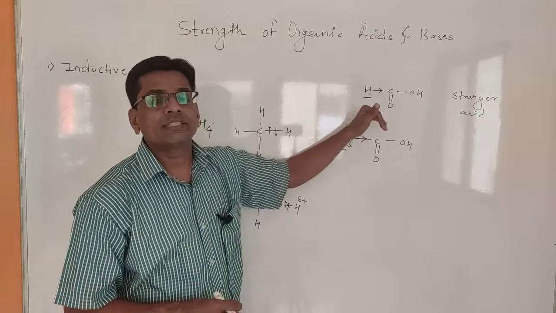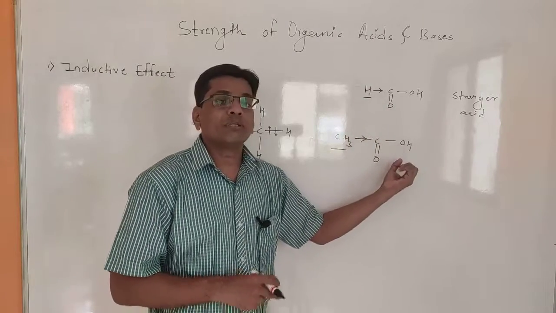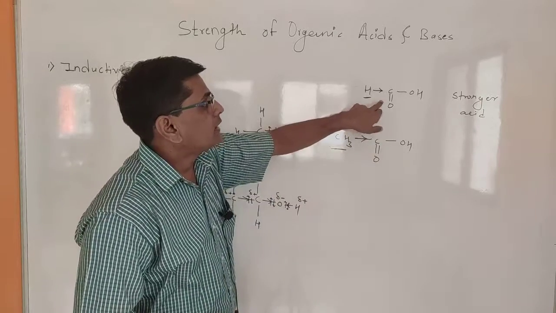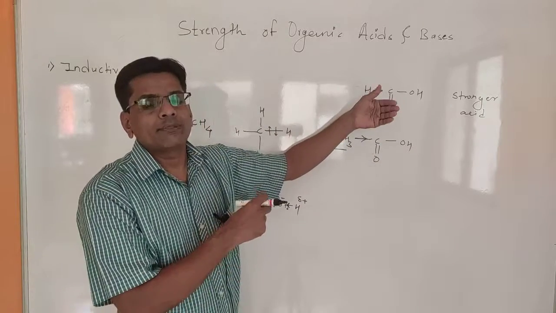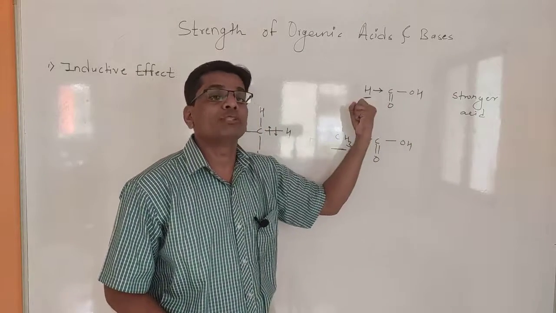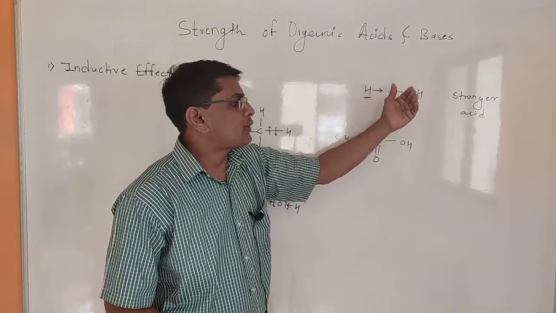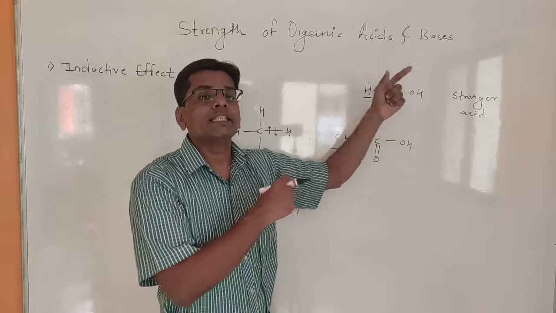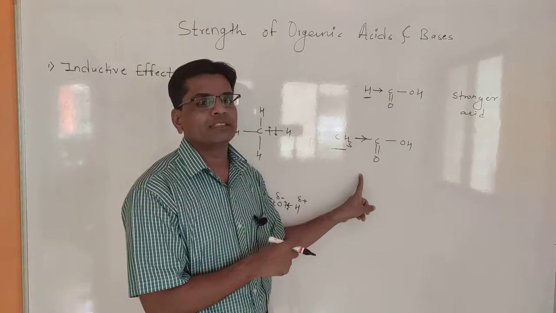That's why this could not take as much electron from the hydrogen. But here hydrogen could not donate that much electron, so oxygen needs the electron, so it can take the electron from hydrogen more strongly, so that the hydrogen becomes more positive, and that's why this molecule can easily give the H+ ion as compared to this.